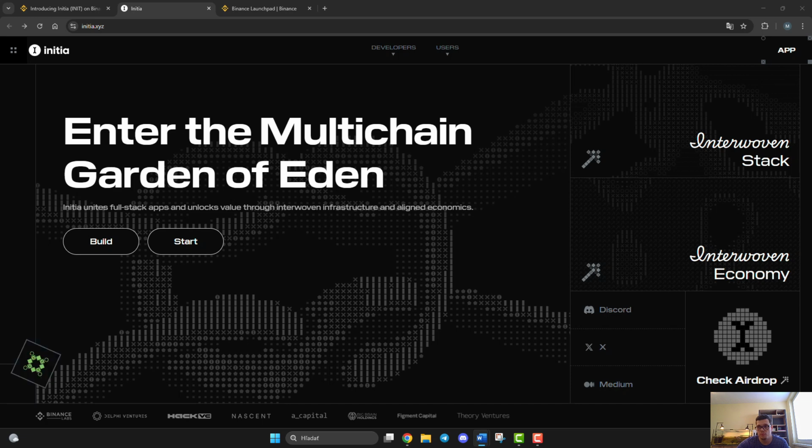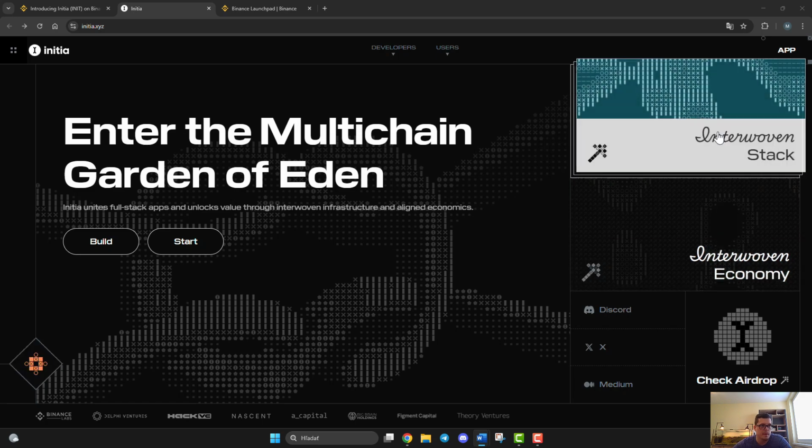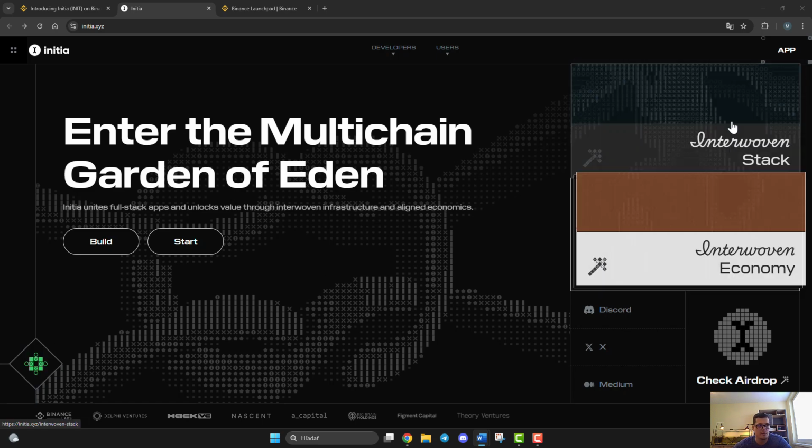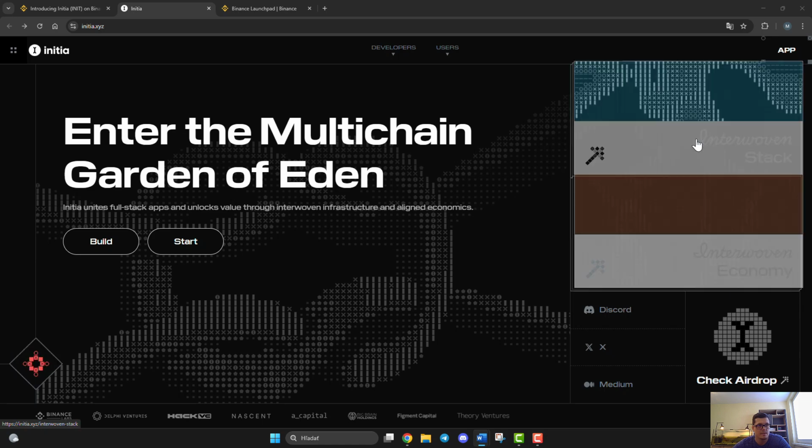To say it in a simple way, it offers an environment where developers can easily create full-chain applications, meaning applications that are not limited to a single blockchain, but are deeply integrated into a broader multi-chain infrastructure.